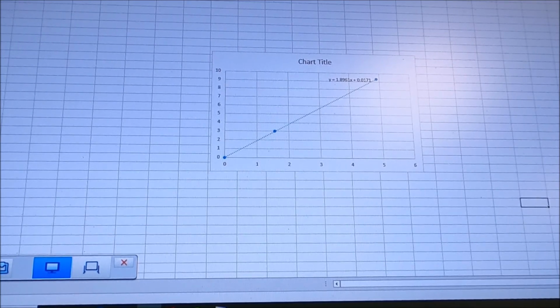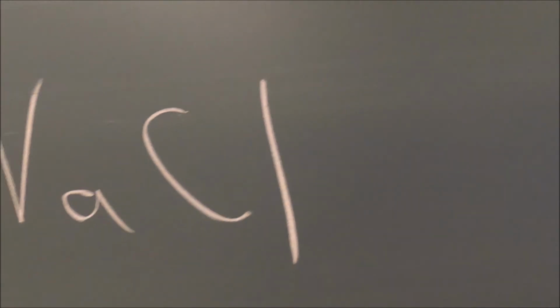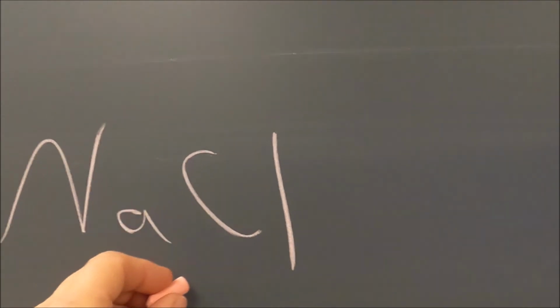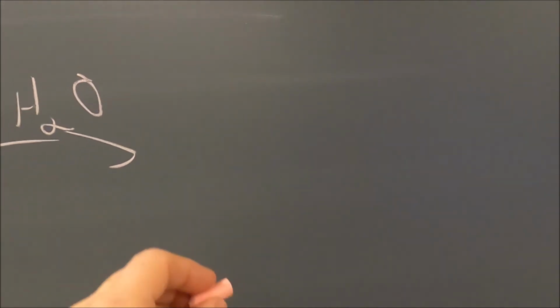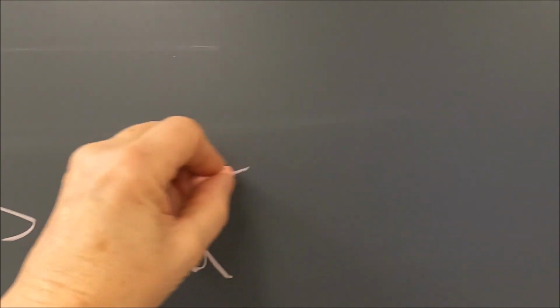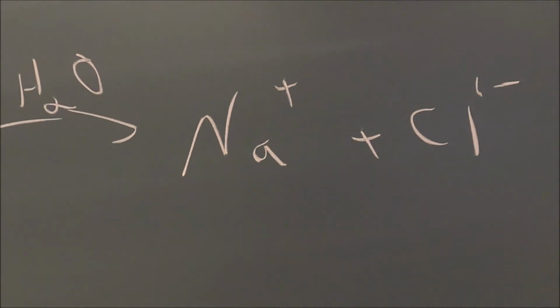Now, in a perfect world, your I value would equal the number of ions released in solution for every formula unit. So, for instance, if I had NaCl, sodium chloride, I expect when it dissolves in water to get a sodium ion and a chloride ion.